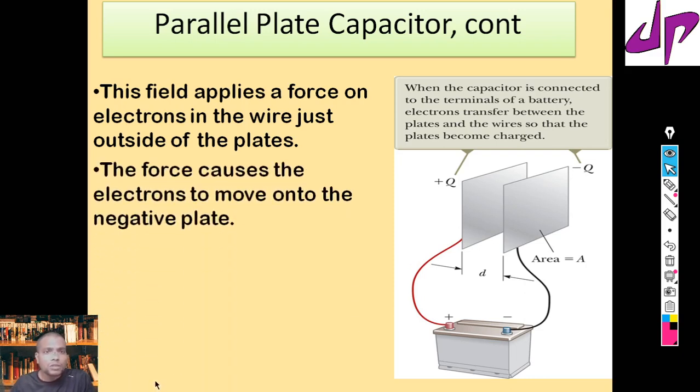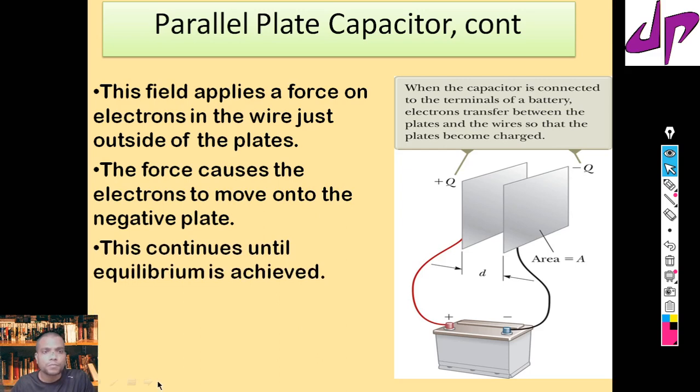Now that force causes electrons to move onto the negative plate, and the electrons will move until both plates reach the equilibrium position.